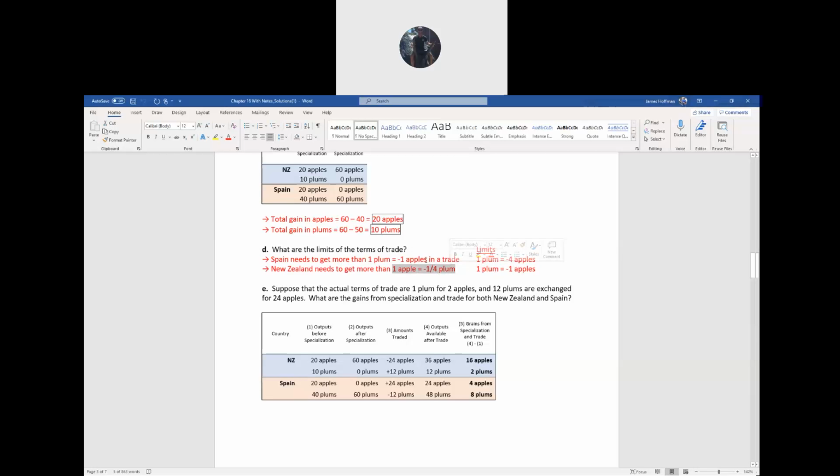So restating these two conditions right here determines what both countries have to get, and that means that the trade they agree upon has to be in between these two boundaries. So the long story here is that the trade has to be somewhere in between, which means they've got to trade one plum for something bigger than one and less than 4.